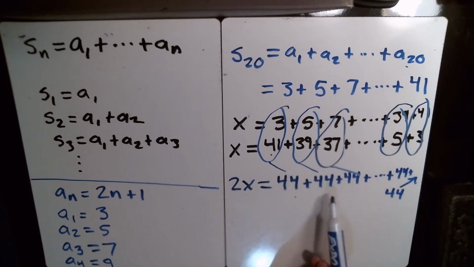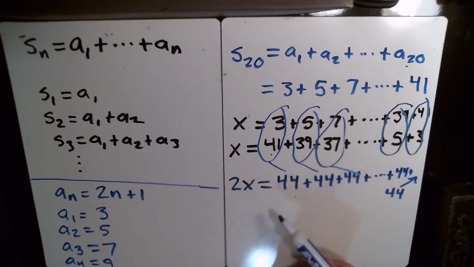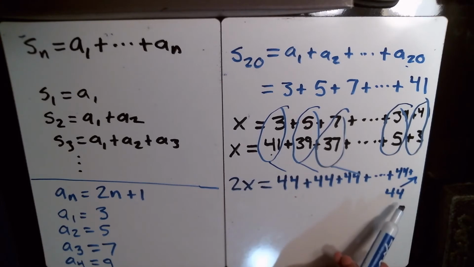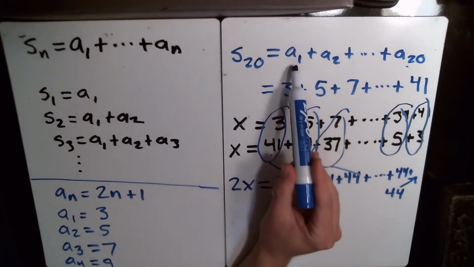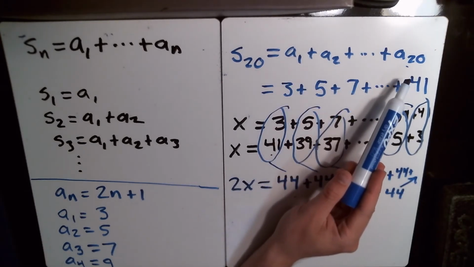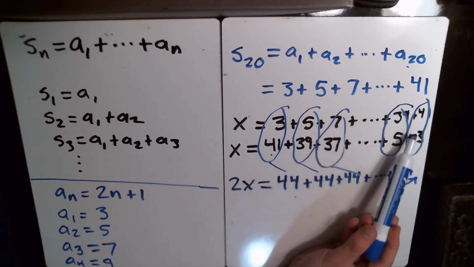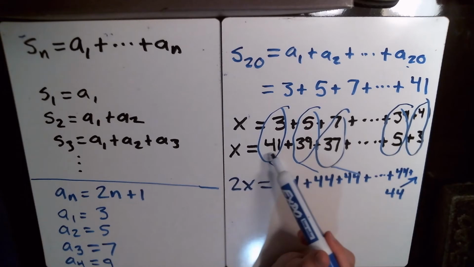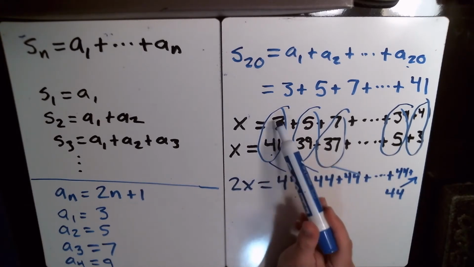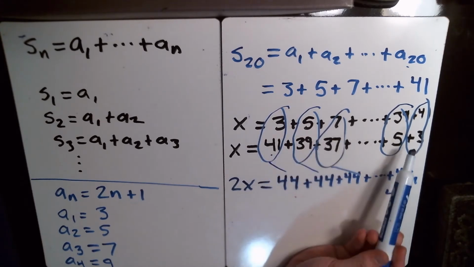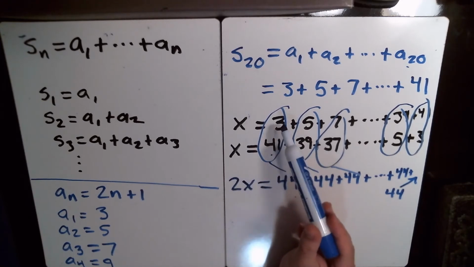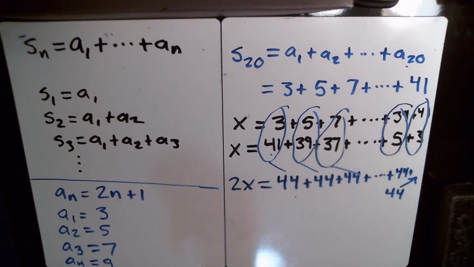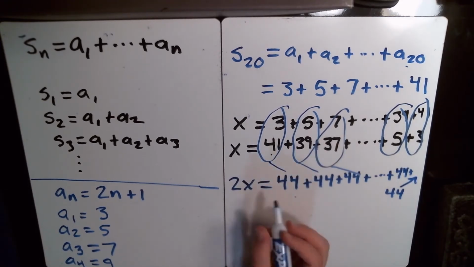And they're all 44. How many 44s are there? Well, I added up 20 numbers, right, to begin with. There's 20 numbers here, 20 terms here, added to 20 terms here. So in total, 2 of each of them is making a 44. So there are 20 in total, right? There are 20 44s.